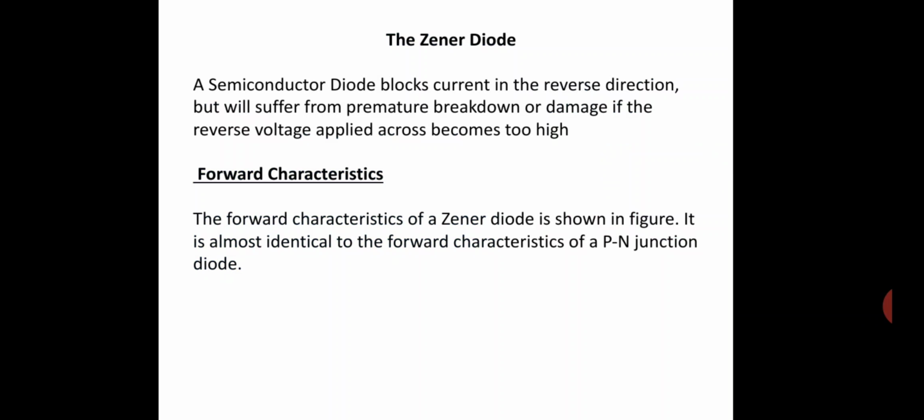The diode consists of a special heavily doped PN junction. There are two semiconductor materials, P semiconductor material and N semiconductor material. Both are joined, but the doping levels are very high in comparison to a simple PN junction diode.